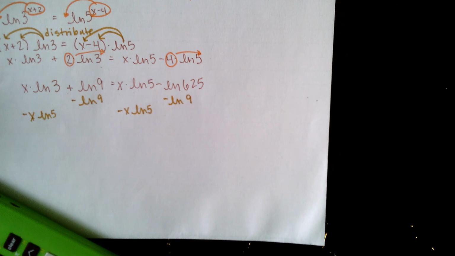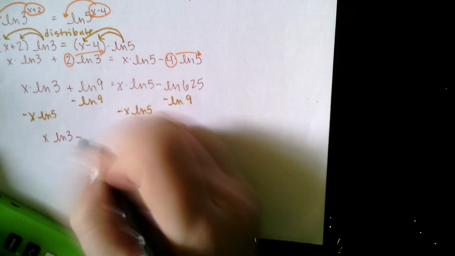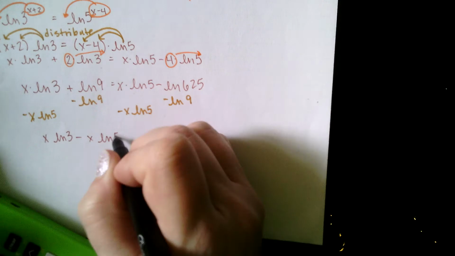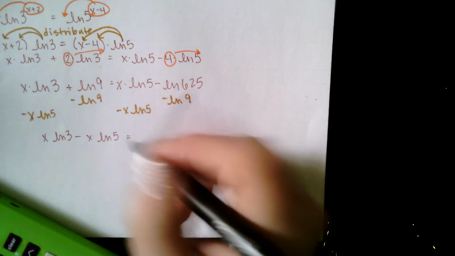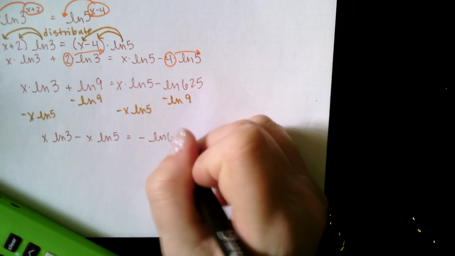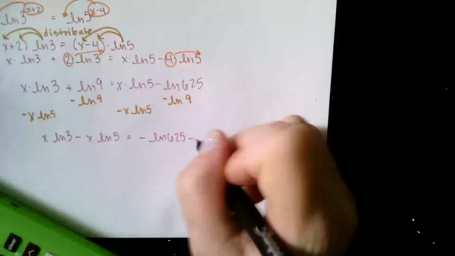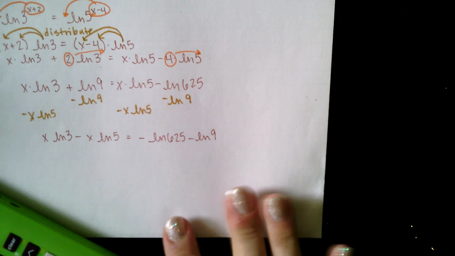So then I have x natural log of 3 minus x natural log of 5 equals, these are not like terms because although they have the same base, they do not have the same argument. So they cannot be combined with each other. So negative natural log of 625 minus natural log of 9 is as good as it gets.